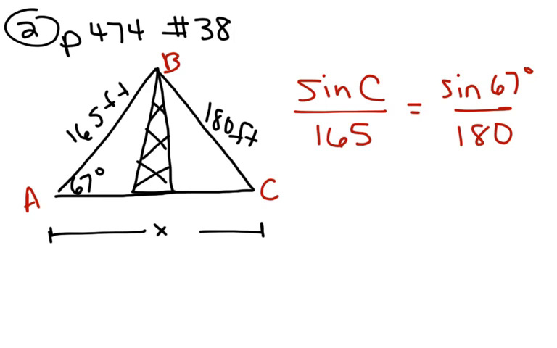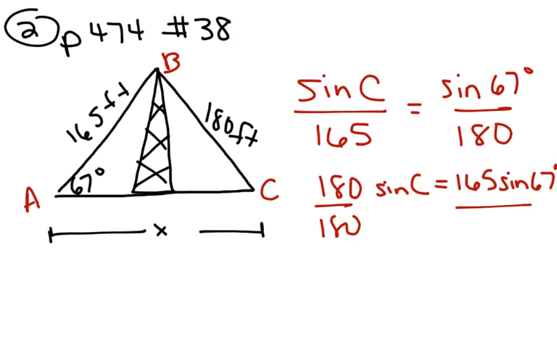So 180 times the sine of C is equal to 165 times the sine of 67. I'm going to divide by 180, so this goes away. And then I'm going to take the inverse sine of this answer.